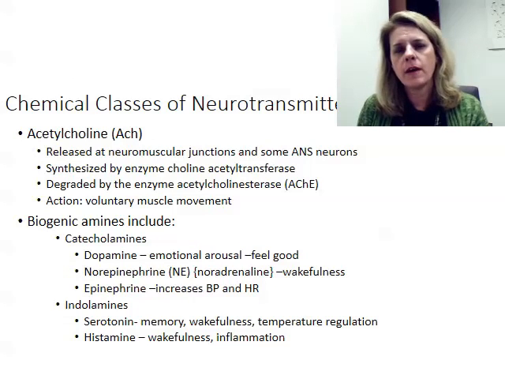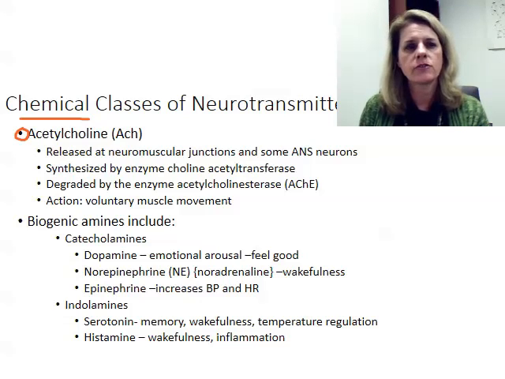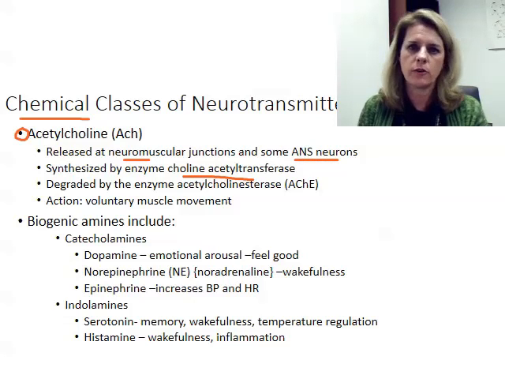So when we talk about neurotransmitters, we can classify them chemically, by what they look like structurally, what their chemical composition is. So we have one, acetylcholine, which we've talked about. It's actually made by an enzyme, choline acetyltransferase, which basically makes the neurotransmitter. And it's made in the neurons that synapse with the neuromuscular junction, and also some autonomic nervous system neurons.